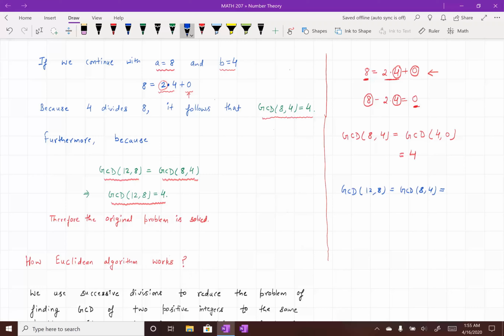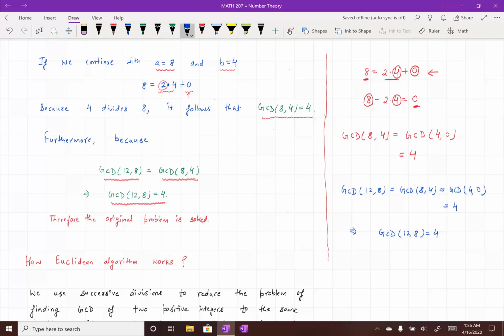If you further apply your division algorithm and do the analysis of the common divisor, then you can say that the GCD of 8 and 4 is equal to the GCD of 4 and 0. And the GCD of 4 and 0 is equal to 4. So the GCD of 8 and 4 is also equal to 4, and the GCD of 12 and 8 is also equal to 4. So based on this fact, the GCD of my original problem, 12 and 8, is equal to 4.